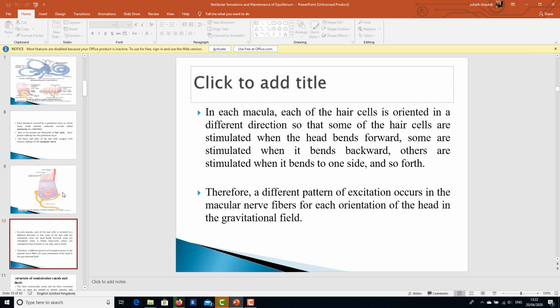In each macula, each of the hair cells is oriented in a different direction, so that some of the hair cells are stimulated when the head bends forwards, some are stimulated when the head bends backward, and others are stimulated when it bends to one side, and so forth. Therefore, a different pattern of excitation occurs in macular nerve fibers for each orientation of the head in the gravitational field.